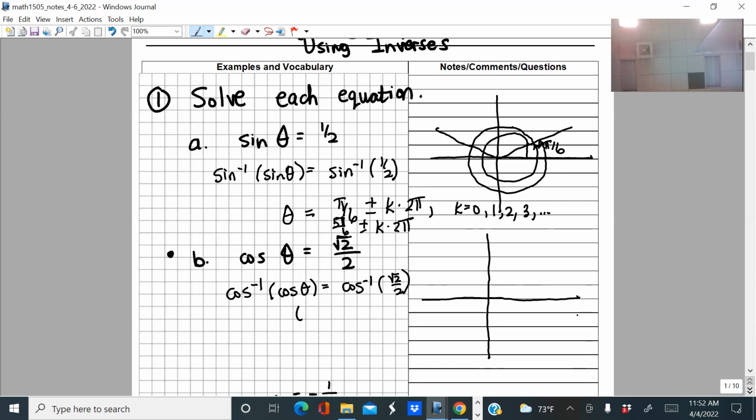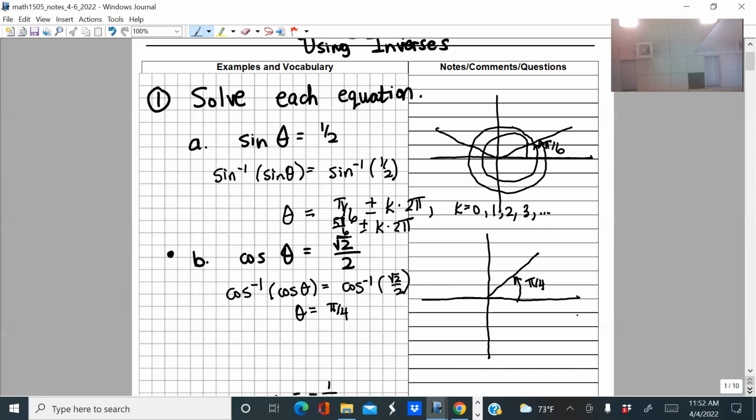When you do that, you get that theta is pi over 4, because the cosine of pi over 4 is square root of 2 over 2. So one of your basic solutions is pi over 4.